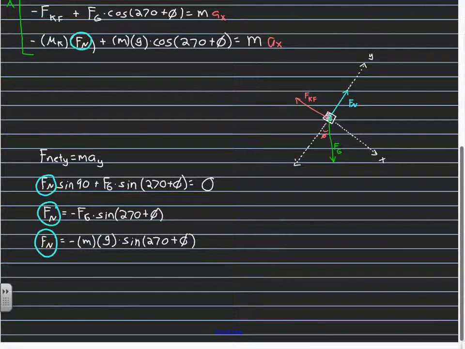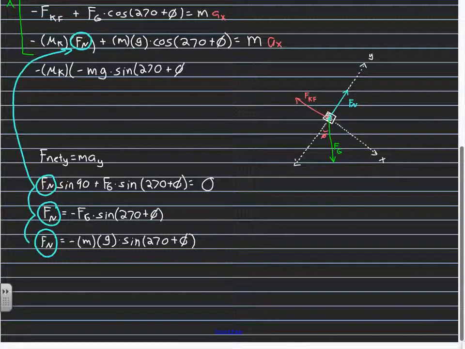So when we take the normal force and plug it in here, what we get is the negative coefficient of kinetic friction times the normal force, which we just solved for, is negative, and I'm going to put the m and the g together, times the sine of 270 plus theta.